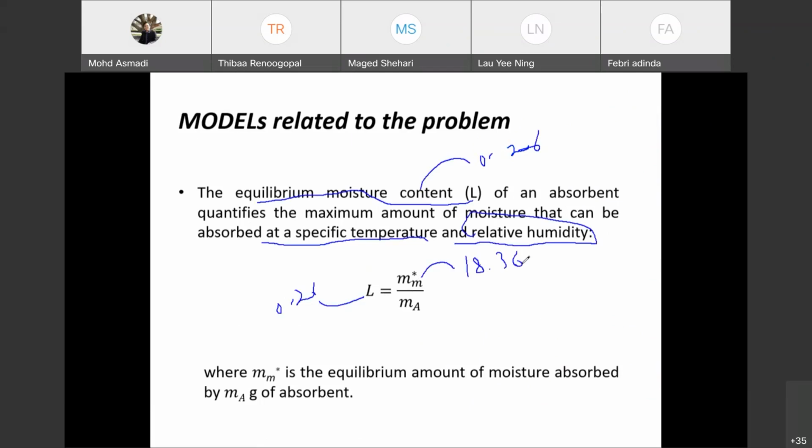Can you calculate MA? MA is the amount of moisture absorber, because we want to calculate the minimum amount of silica gel. What is the minimum amount of the silica gel?